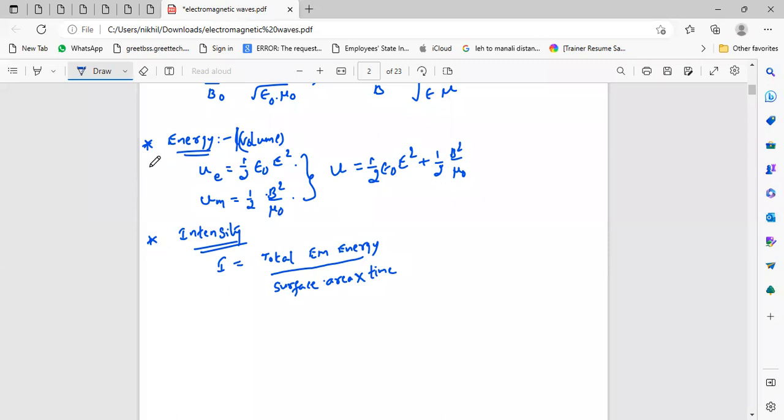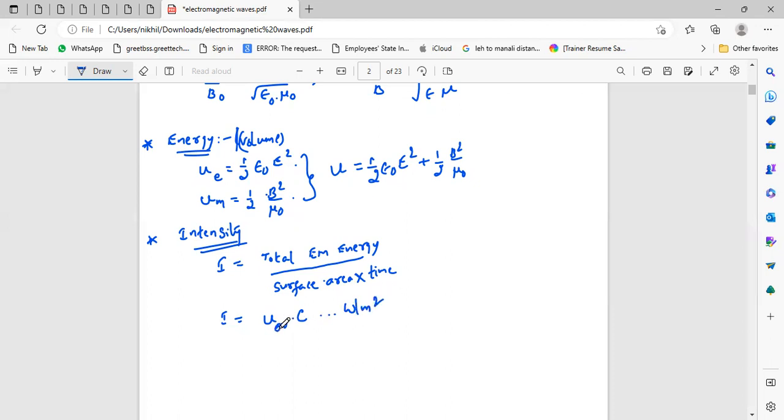Please remember that intensity is nothing but the average energy density, either in the electric field or in the magnetic field, into C. This is called the intensity, which is measured in terms of watt per meter squared.